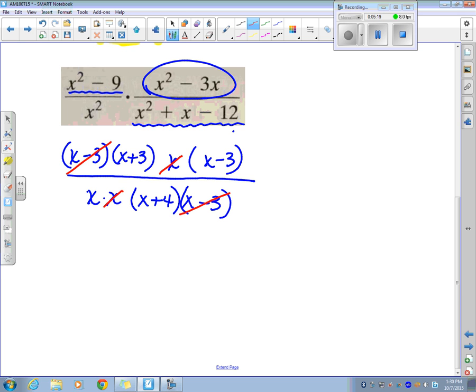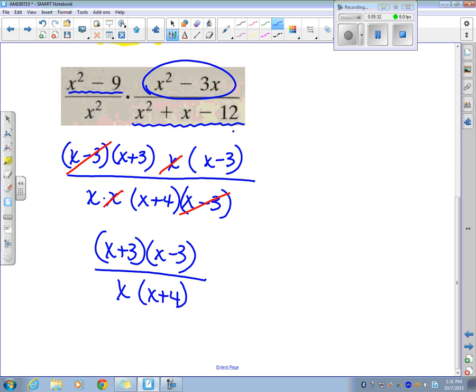And so what I'm left with is x plus 3, x minus 3, over x times x plus 4. And I do want you to leave your answers factored. Don't multiply them back out. Okay, when you leave your answers factored, you can see that there are no other things to cancel out.